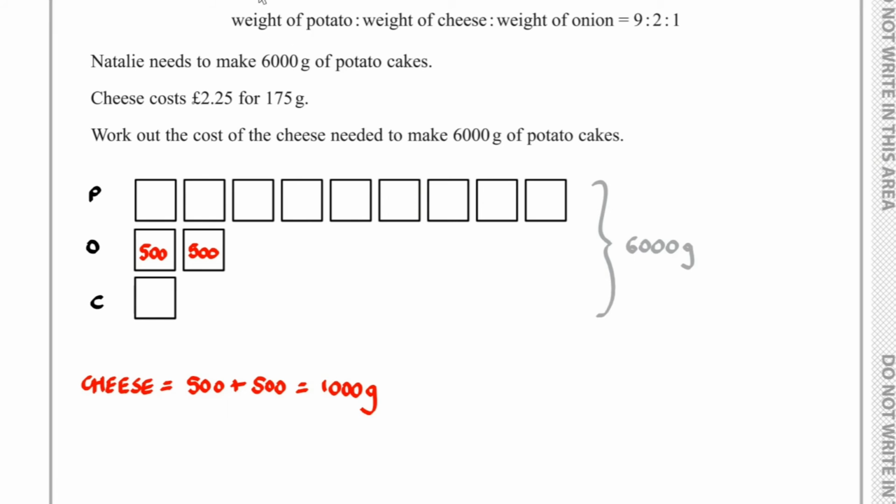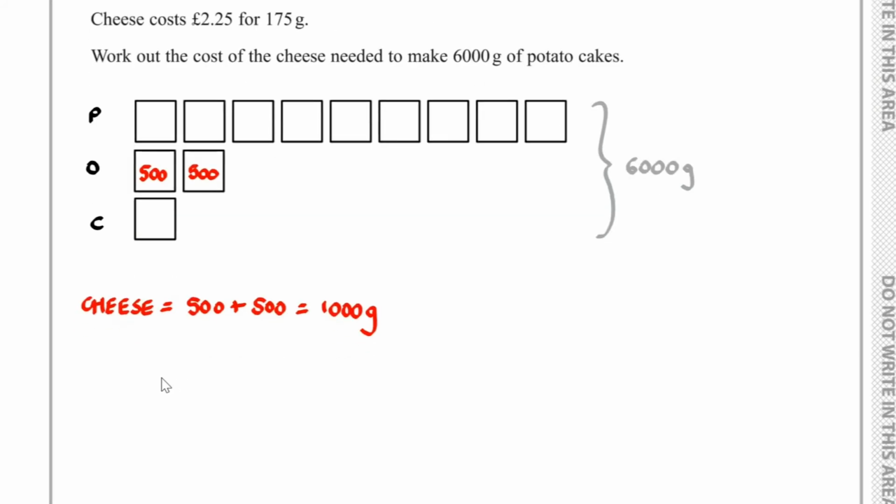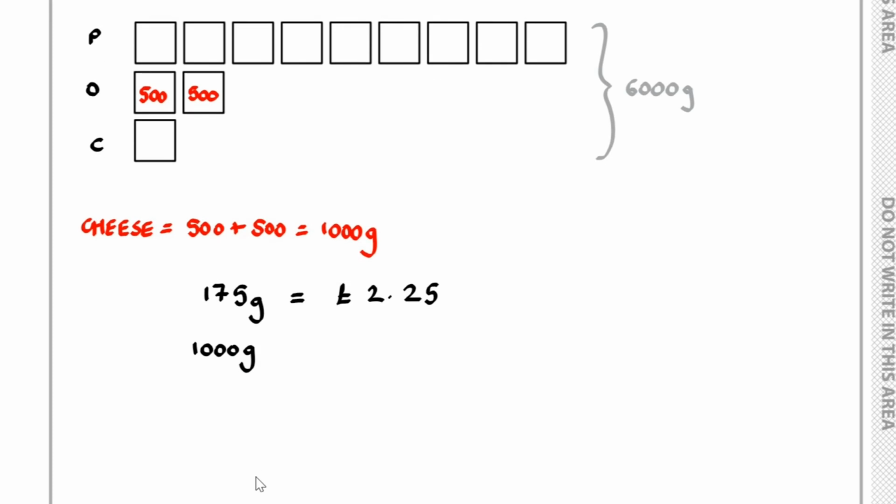Now, we know that already, in terms of the cost, we've got 175 grams, which is equal to £2.25. We want to find out the cost of making 6,000 grams of potato cakes. We have 1,000 grams of cheese. So we need to find out what this cost is.